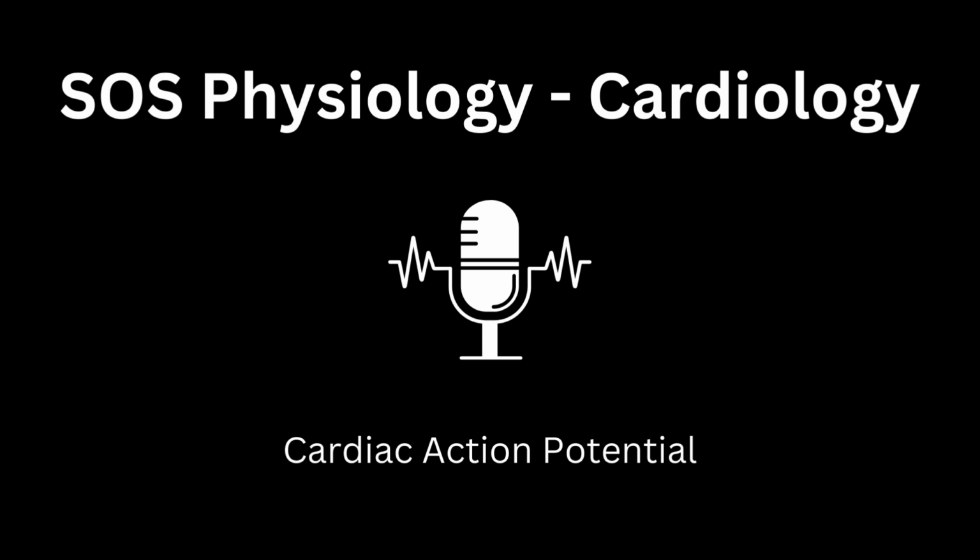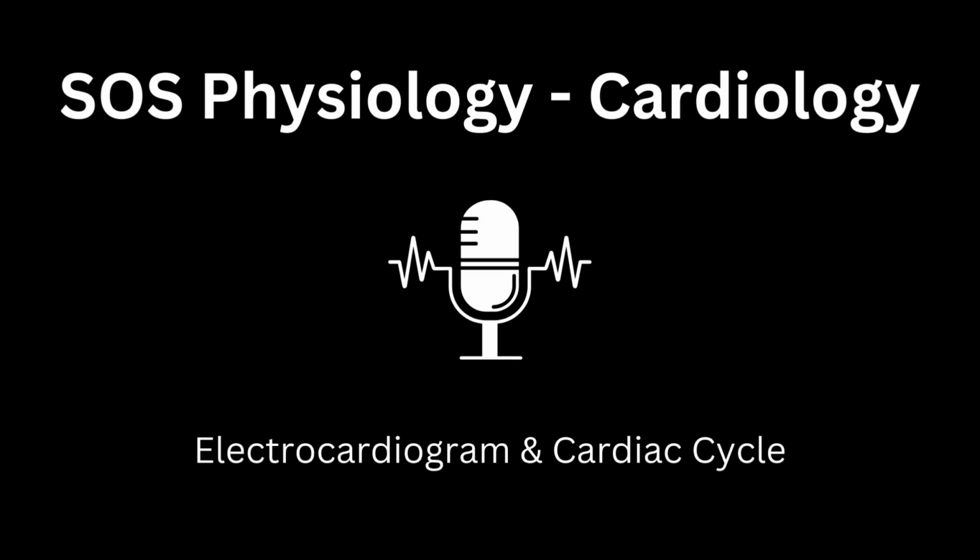The next topic is the electrocardiogram and how it correlates with the cardiac cycle. Your P wave is a depolarization wave through the atria, and following it is atrial contraction. The QRS waves are ventricular depolarizations, and they initiate the contraction of the ventricles.